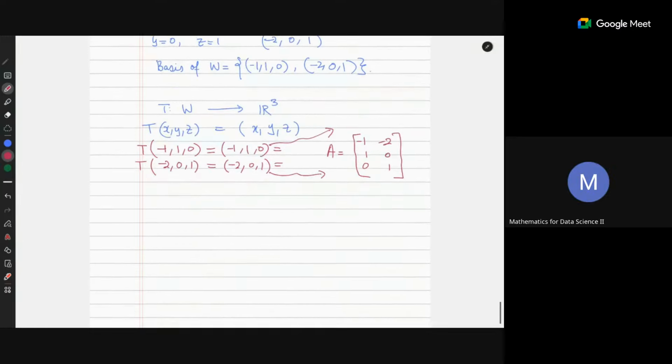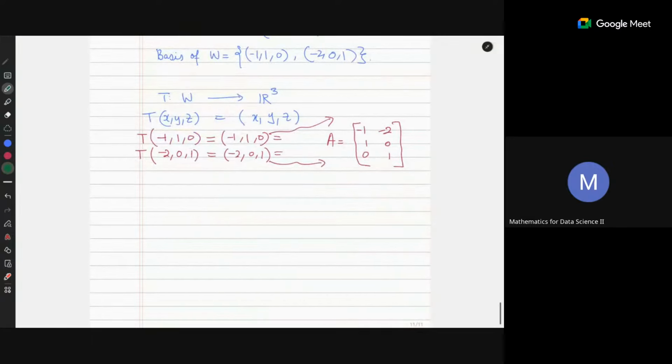This is your matrix. Now we need to find the null space of this matrix. Null space of A. What do we need to apply now? R1 plus R2. This will give you 0, -2, 1, 0, 0, 1.